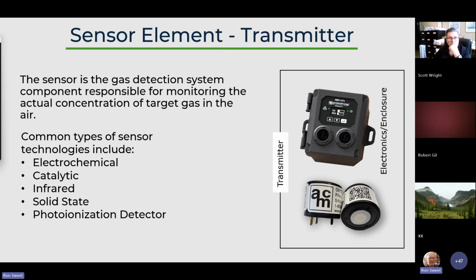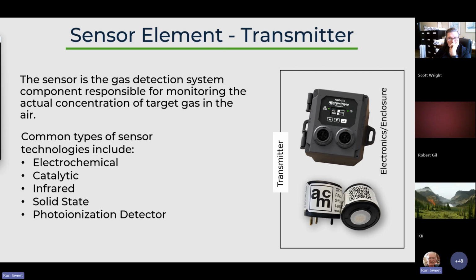They're filled with an electrolyte that has its highest reactivity to the target gas that sensor was designed to detect. So the electrolyte inside a nitrogen dioxide cell would be totally different than the electrolyte inside a carbon monoxide cell or a hydrogen sulfide cell or any other type of toxic gas sensor cell, because that electrolyte is chemically mixed to have its highest reactivity to the target gas it was designed to detect.